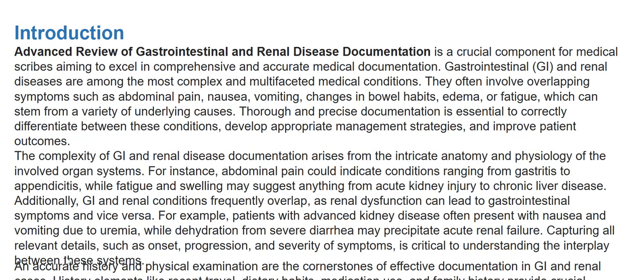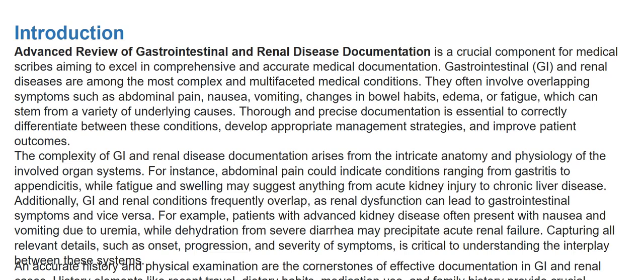Capturing all relevant details such as onset, progression, and severity of symptoms is critical to understanding the interplay between these symptoms or systems. An accurate history and physical exam are the cornerstones of effective documentation in GI and renal or kidney cases. History elements like recent travel, dietary habits, medication use, and family history provide crucial diagnostic clues.